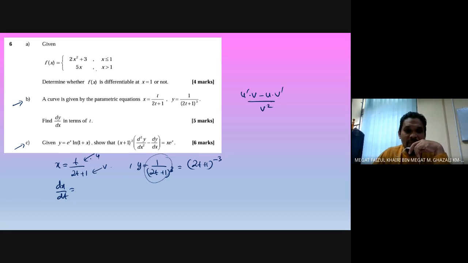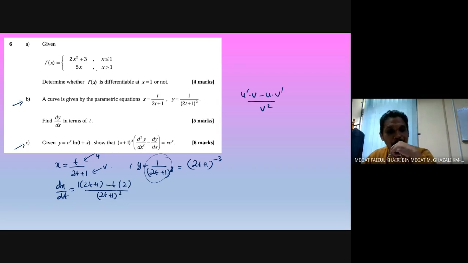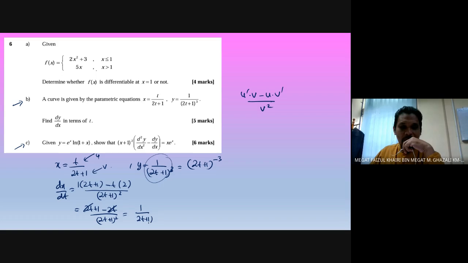So u prime first, differentiate t equals 1, times 2t plus 1, minus t, and differentiate 2t plus 1, 2, and everything divided by (2t plus 1) squared. Okay, so then now it is 2t plus 1 minus 2t divided by (2t plus 1) squared. So 2t minus 2t, then you get 1 over (2t plus 1) squared. So this is your dx/dt.